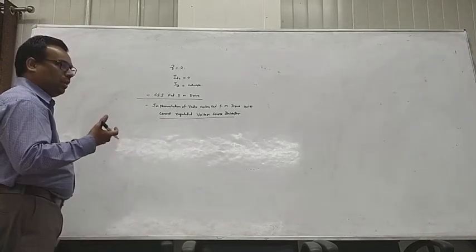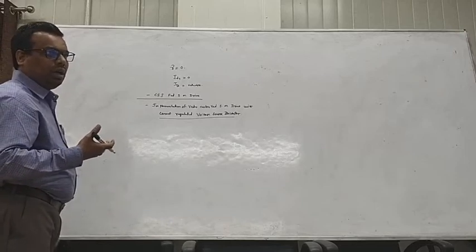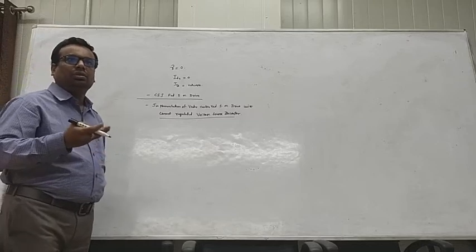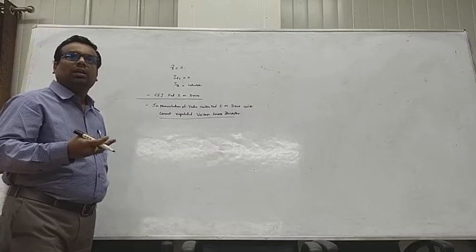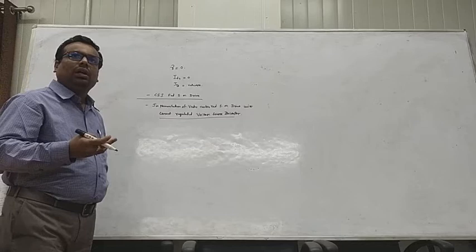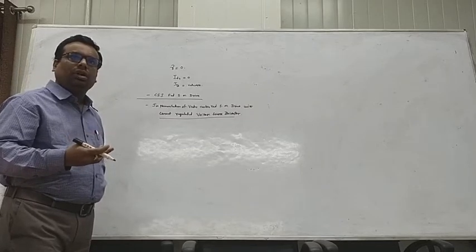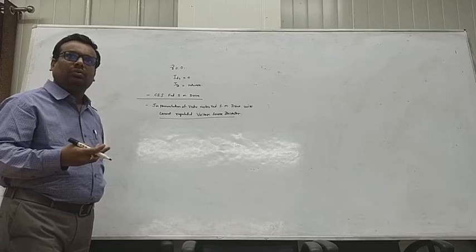Up to now, I have covered the synchronous motor drive in two modes, the separately synchronous mode and the self-synchronous mode. In the self-synchronous mode, we represented the forced commutated CSI fed synchronous motor drive.